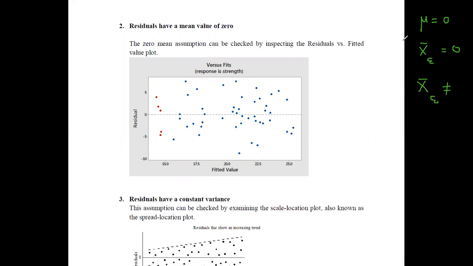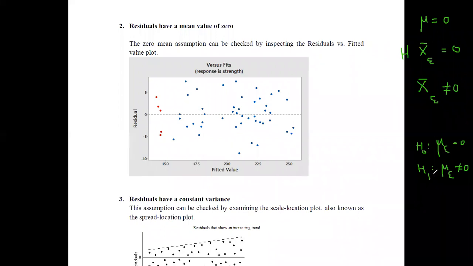Generally, we use the notation H0: mu of the error terms equals 0 versus H1: mu of the error terms does not equal 0. Therefore, you can use the t statistic to test this hypothesis.